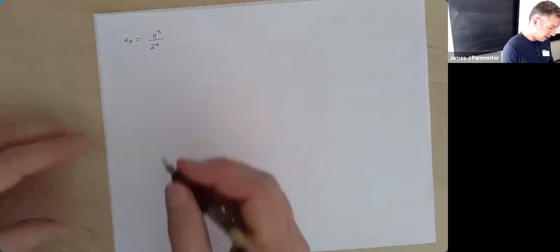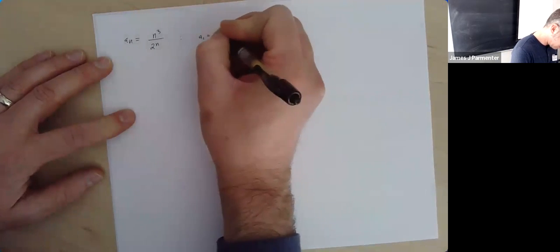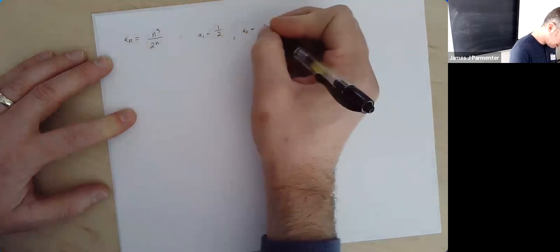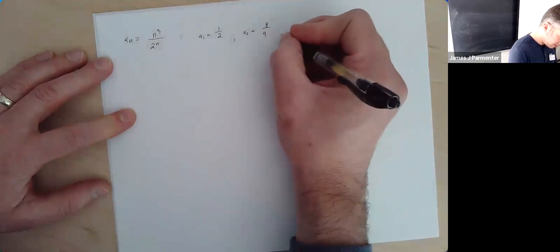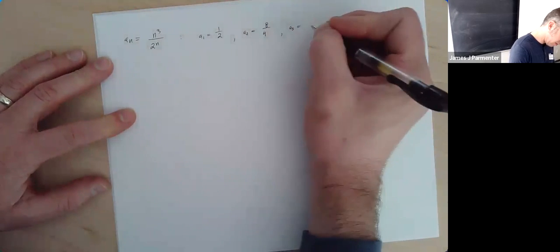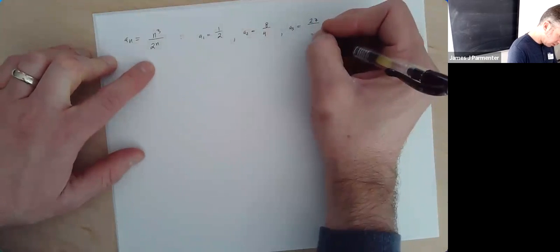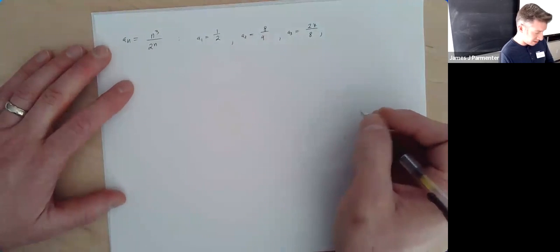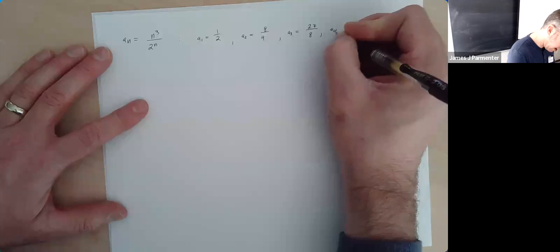So if I start writing out terms, a sub 1 is 1 over 2. A sub 2 is 8 over 4. A sub 3 is 3 cubed, which is 27 over 2 cubed, which is 8. So it's looking like terms are getting bigger, but hold on to your hat.